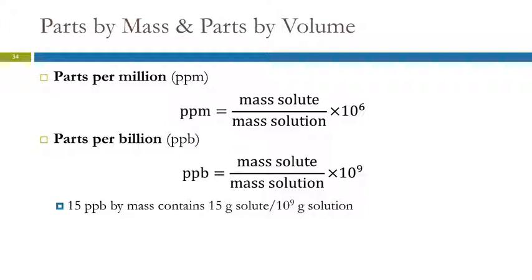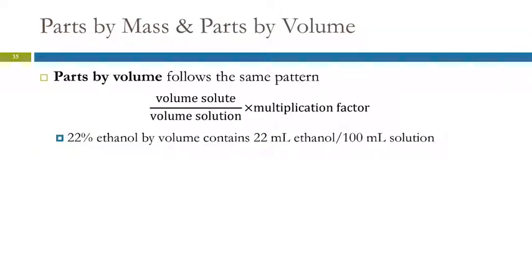How much lead is in your drinking water? Well, it's going to be in the parts per billion range, but we want to measure it because if it gets above a certain level, then it causes problems. Parts per volume, same pattern, but now you're looking at the volume instead of the mass.